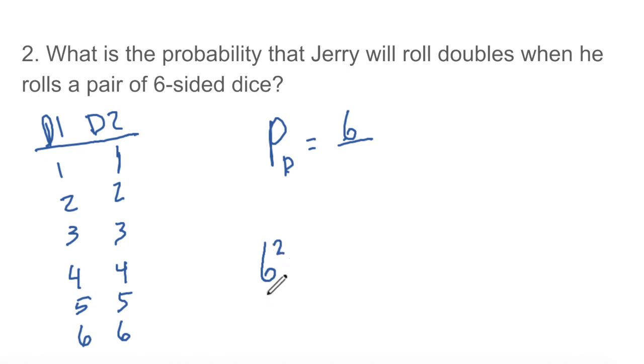So we take 6 to the power 2, and this is 36. So there are 36 possible outcomes. So our denominator is 36 because we're rolling a pair of 6-sided dice. And we can reduce this to 1 over 6. So there's a 1/6 chance that Jerry will roll doubles.